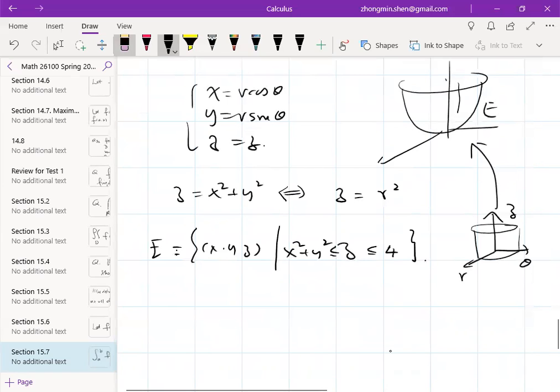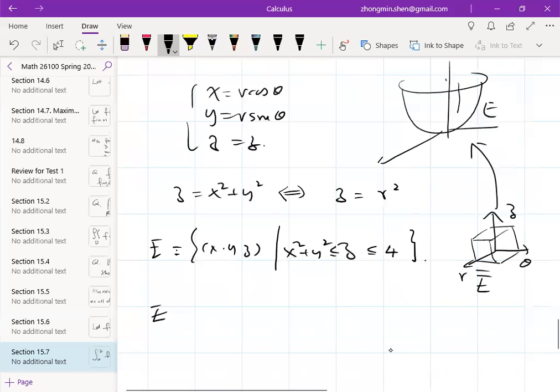No, it's not. I shouldn't say cylinder. It's not a cylinder. So theta is going to be between 0 and 2 pi, r is between 2 and, yeah, actually it is going to be a rectangular box. So that's the E bar.